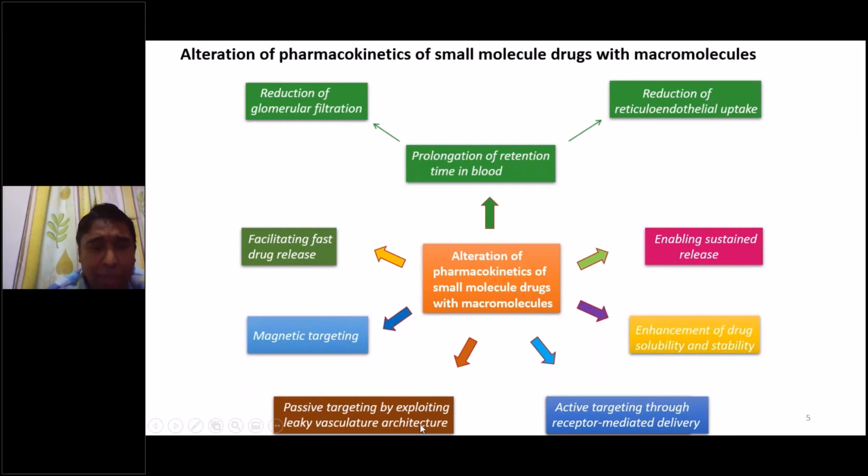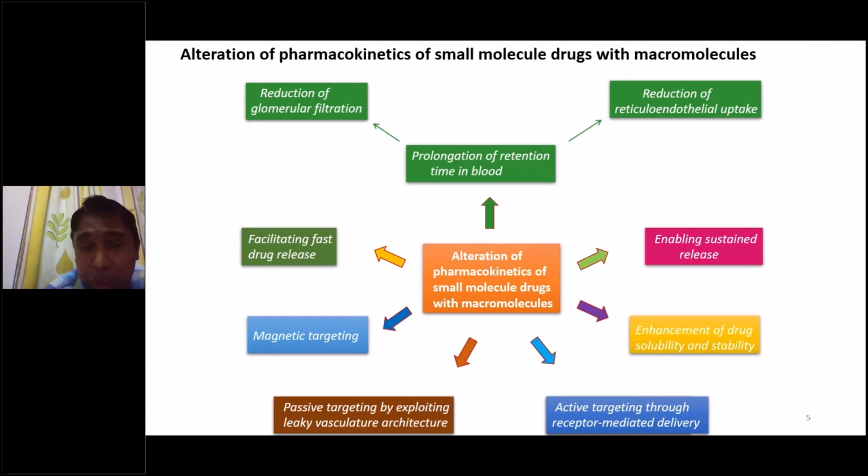And also nanoparticles can be used for passive targeting, especially for the tumors. The tumor has a leaky vasculature, with pore size of around few hundred nanometers. So if you can design your nanoparticles of few hundred nanometers, they will selectively go into the tumors. They can pass, extravasate the tumor vessels and enter into the tumor environment.